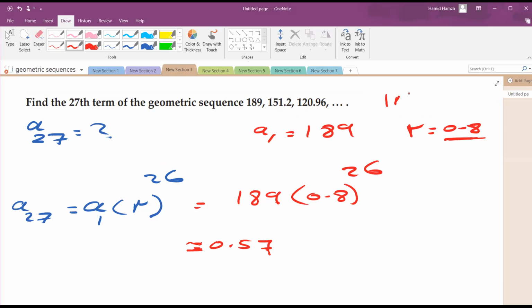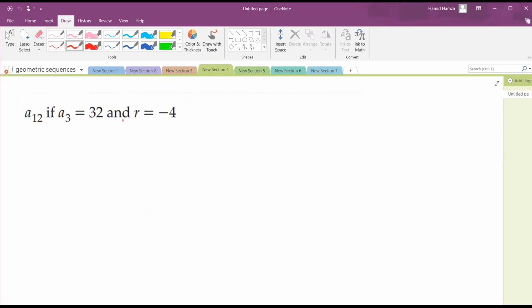If the absolute value of r is less than 1, that means the sequence will decrease. The value of it decreases each time.